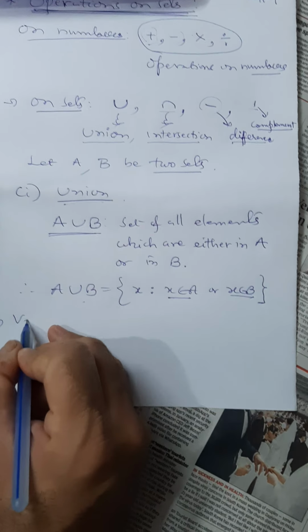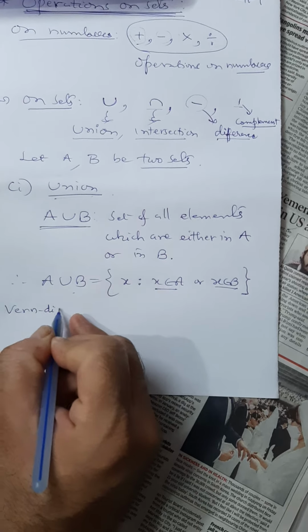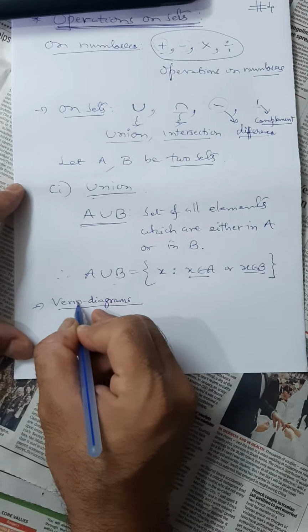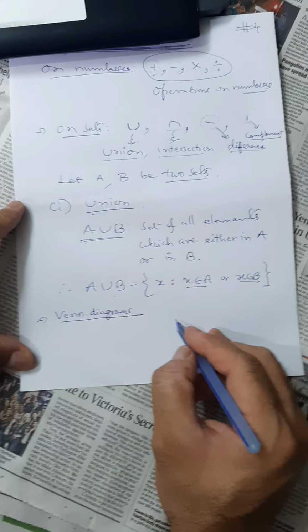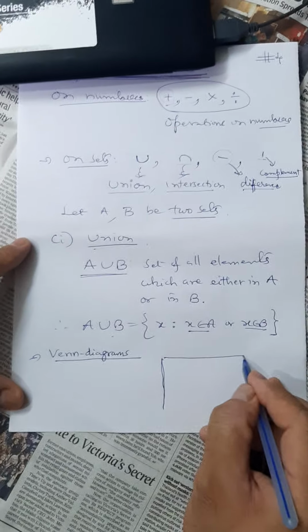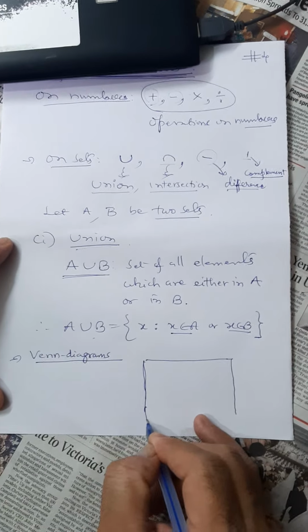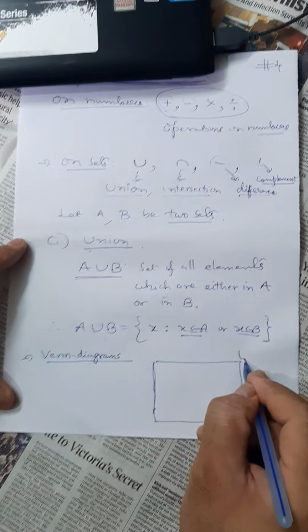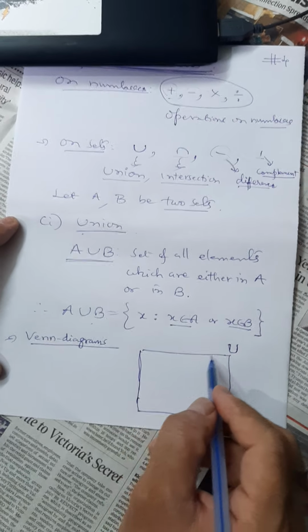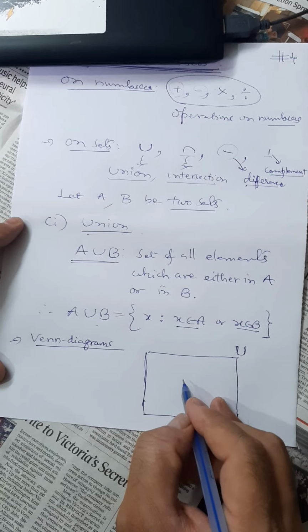Now we have some diagrams for this. They are called Venn diagrams. In a Venn diagram, we represent the universal set by a rectangle. So this is a universal set here. Sets are usually represented by circles.